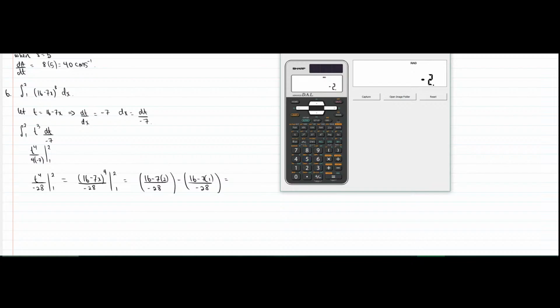Minus 2 on 28, take away 16 take away 7 on 28. I'm going to put a nice big bracket over here now. Both of them are going to be over 28: minus 11 over 28.